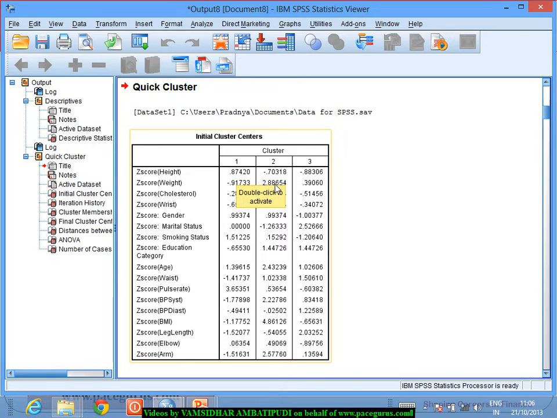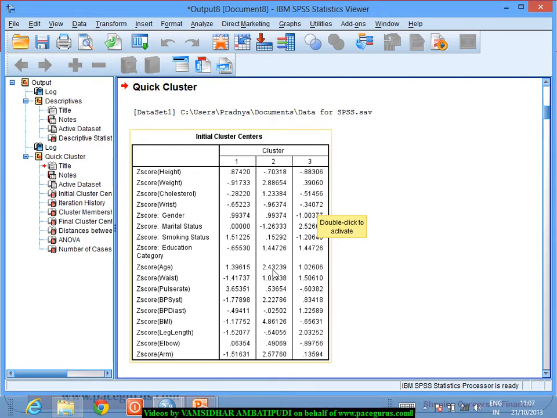The weights are much higher, whereas the weights are moderate, whereas the weights are much lower. So this is the way the initial cluster centers were created. You could see that here it is close to -1, means the negative, wherein we have taken on the lower side, which is the males, and the other two are the groups corresponding to the females. Some such kind of initial cluster centers.